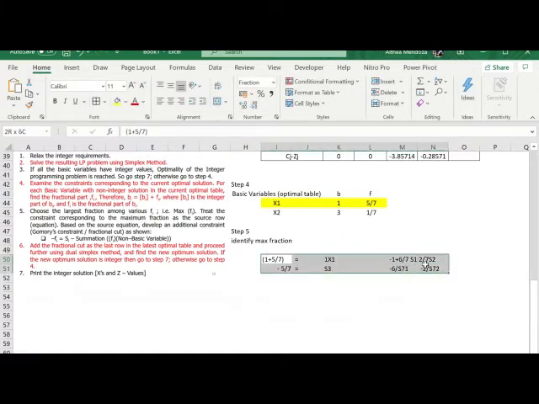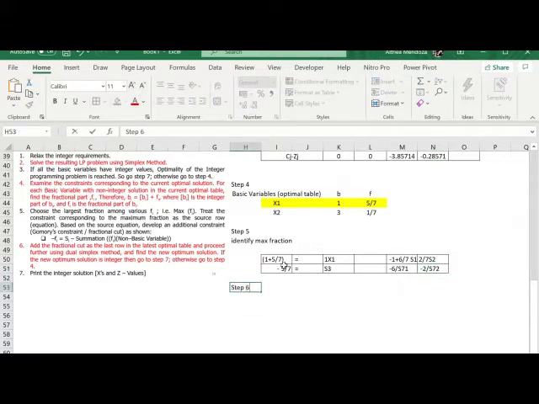Okay, yan na yung pinakabago nating constraint based dito sa formula na to. Negative 5/7 is S3 na bagong variable, tapos minus the summation nung 6/7 at saka 2/7 S2.